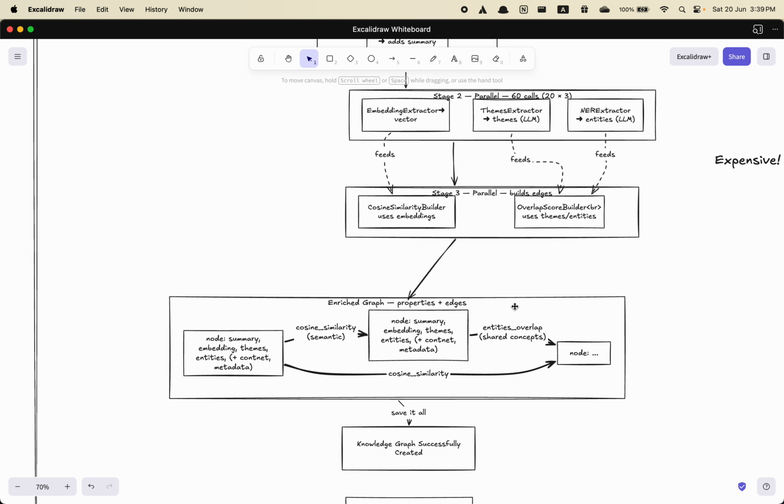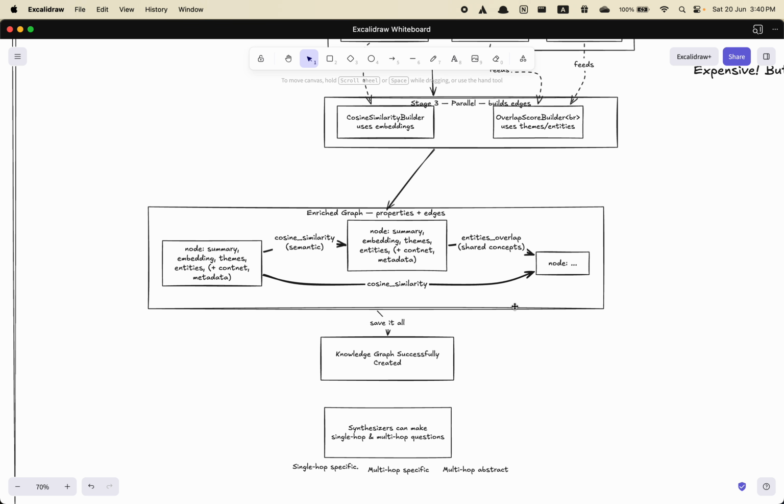Even if two nodes didn't use similar language, so the cosine similarity would be poor, but they were both touching on the same thing, then the overlap score builder would give us an edge, showing there's an entity overlap between the two nodes even though their cosine similarities would be poor. And what this all turns into is pretty much a knowledge graph.